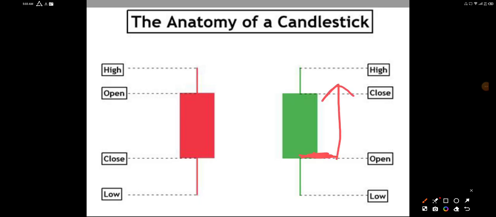You get? So now, once it opened from there, these wicks are being formed because once this candlestick opened, once you see it in your chart, you see it's moving. First of all, it went down to this area. This wick shows the area the candlestick has gone to before.